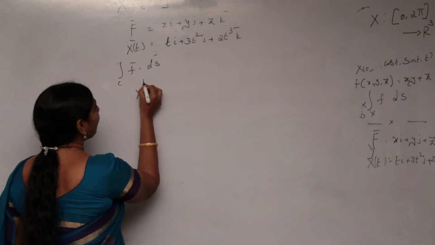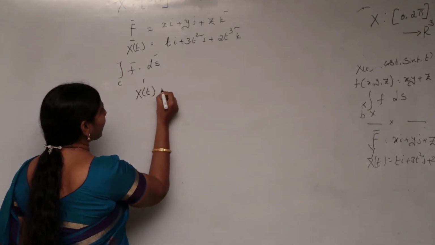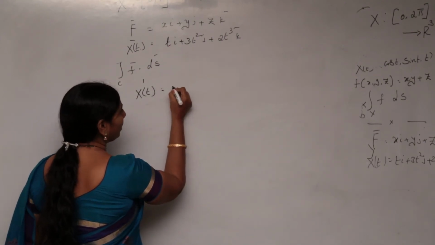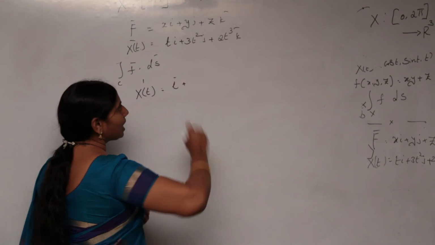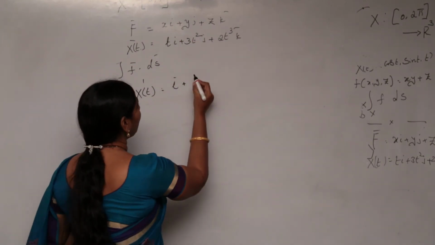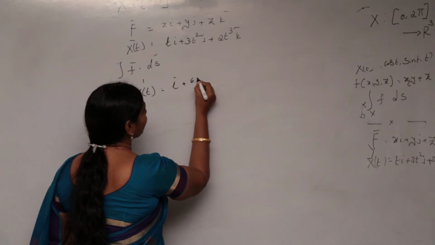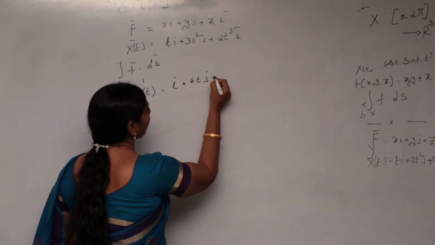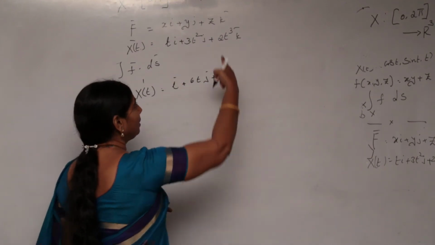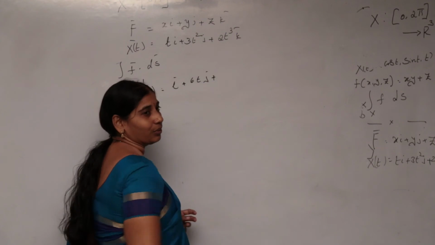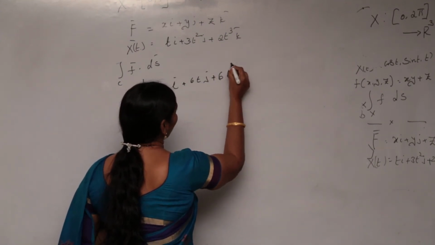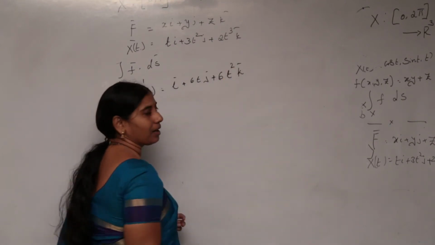Then first let's compute what is x dash t. Derivative of t is 1 into i bar, so that is i bar, plus t square derivative 2t into 3, so that is 6t j bar, plus 2t cube k bar, t cube derivative 3t square into 2, 6t square k bar.